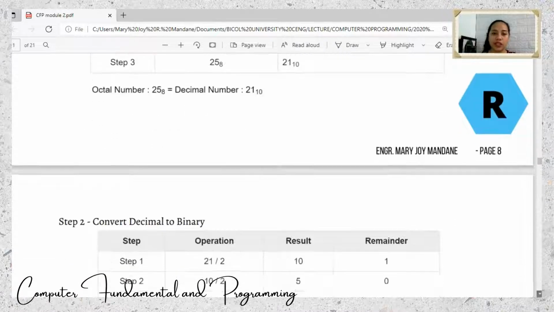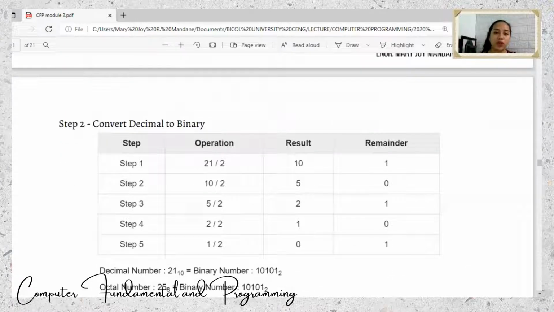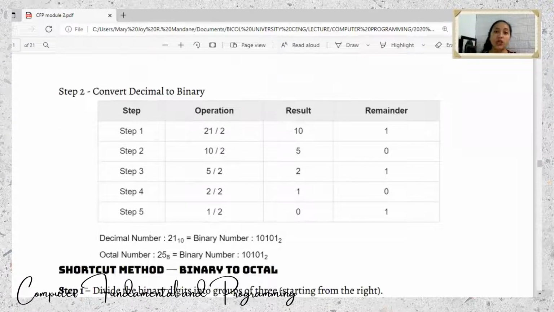Okay, we have another example. How to convert the decimal to binary. 21 over 2 is 10, then may remainder na 1. Right? So, 10 divided by 2 is 5, wala siyang remainder, so it's 0. Then 5 divided by 2 is 2, and may remainder siyang 1. And 2 over 2 is equivalent to 1, and there's no remainder.